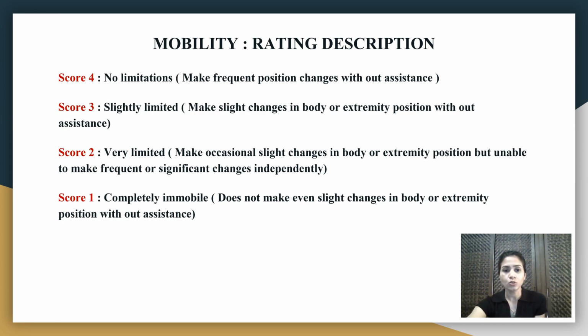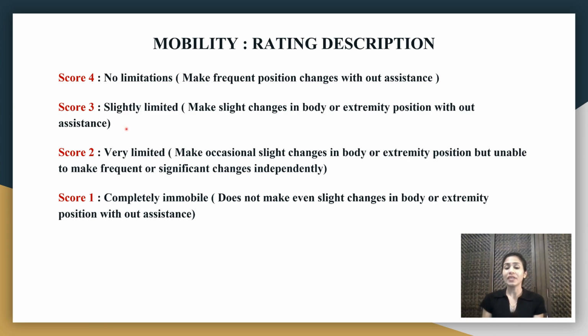Let us see how to give the score based on mobility. Here also, the maximum score is 4 and the minimum score is 1. If there is no limitation, the patient can make frequent position changes without any help, independently moving by himself or herself, then you can give a maximum score of 4.